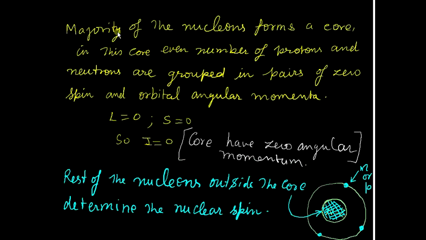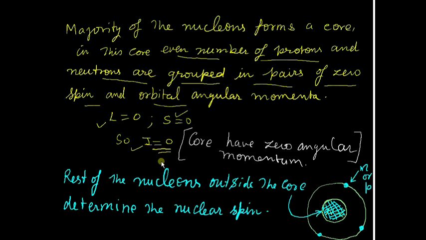Now the majority of the nucleons form a core, and in this core an even number of protons and neutrons are grouped in pairs of zero spin and orbital angular momenta. So L is equal to 0, S is equal to 0, as a result I is equal to 0 for the core.